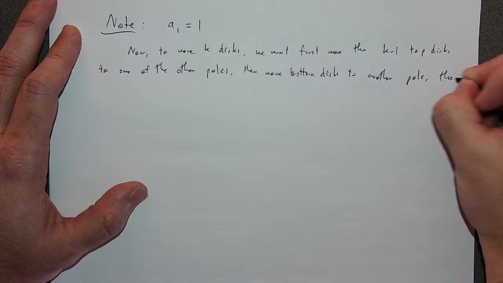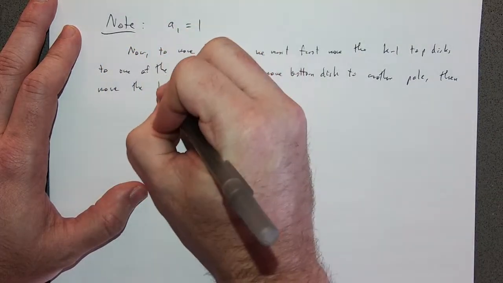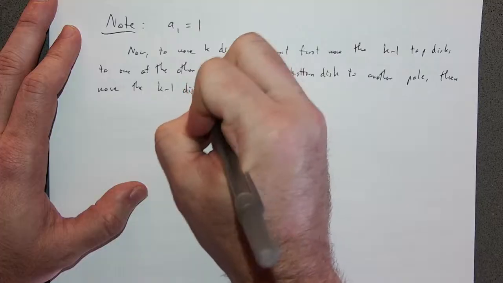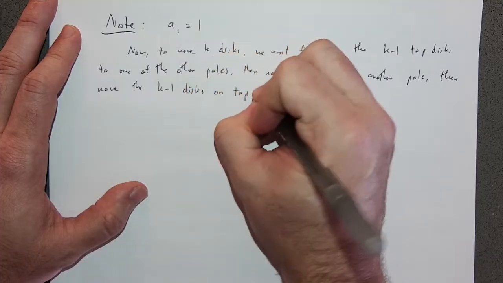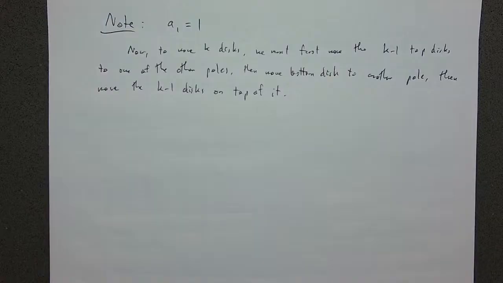Then move the k minus 1 disks on top of it.